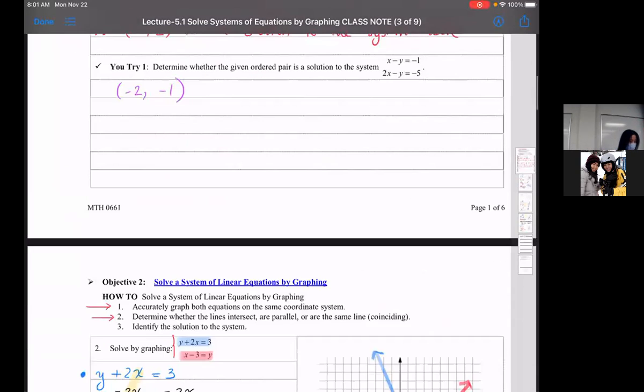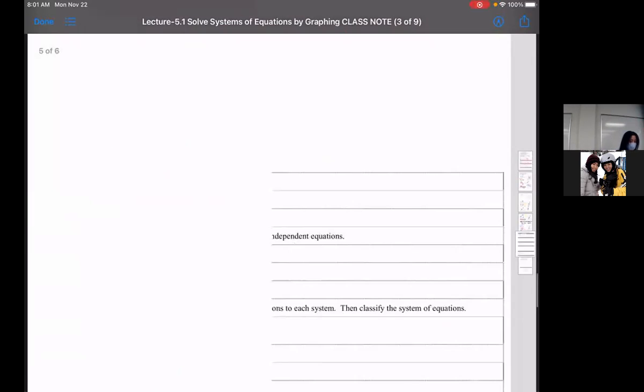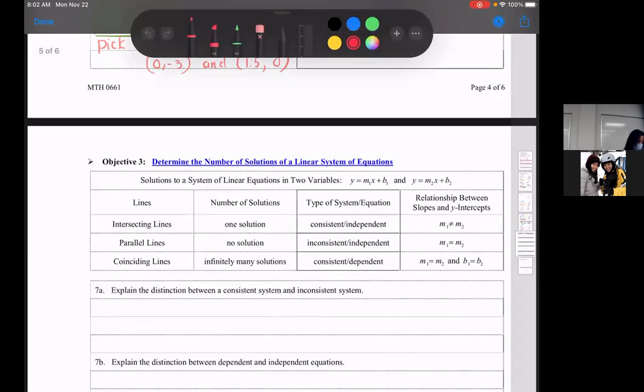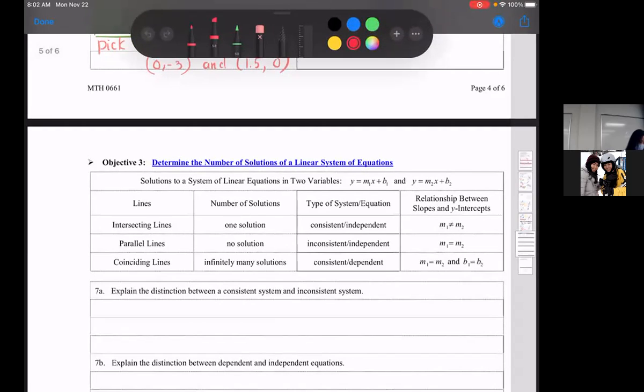Okay, so that's what I want to remind you of. Now we're going to determine the number of solutions of a linear system of equations. So if I have 2 linear equations, those are lines, right? If they're intersecting, we highlight in green here.